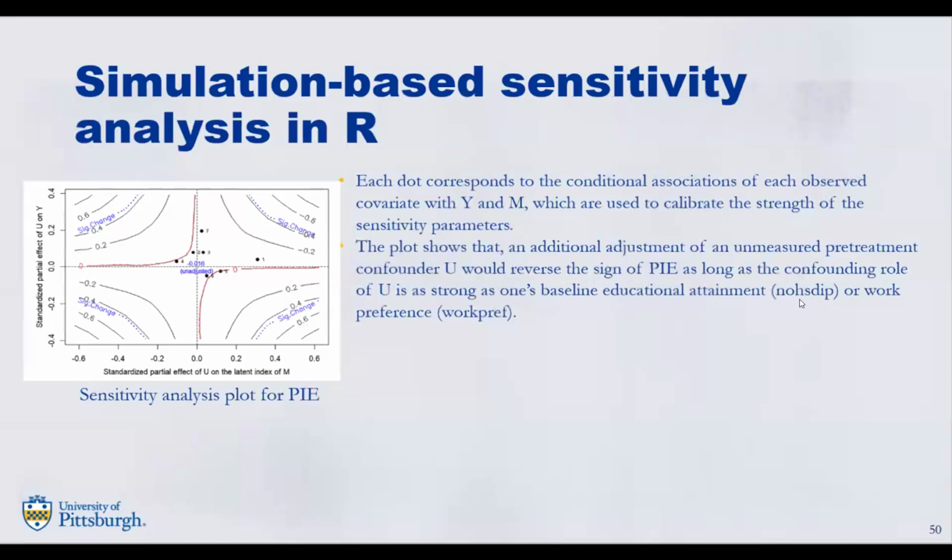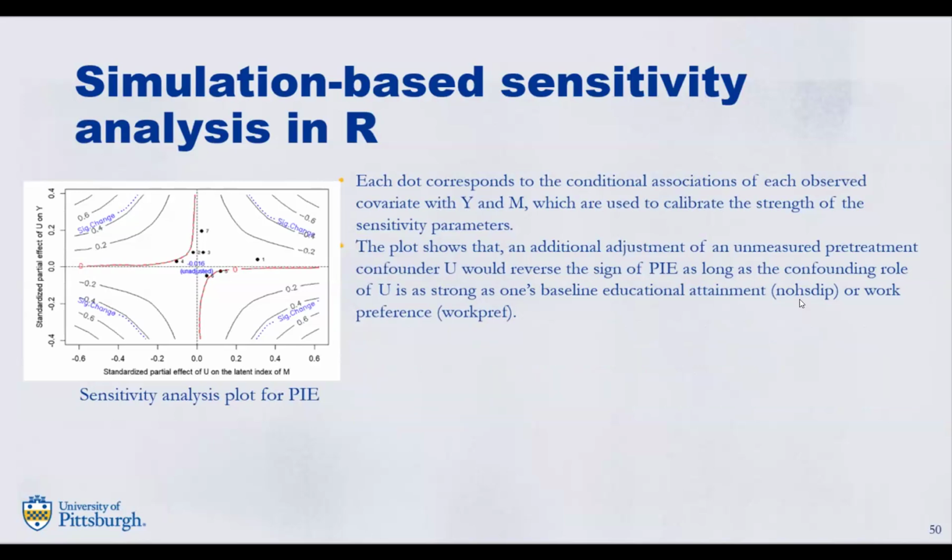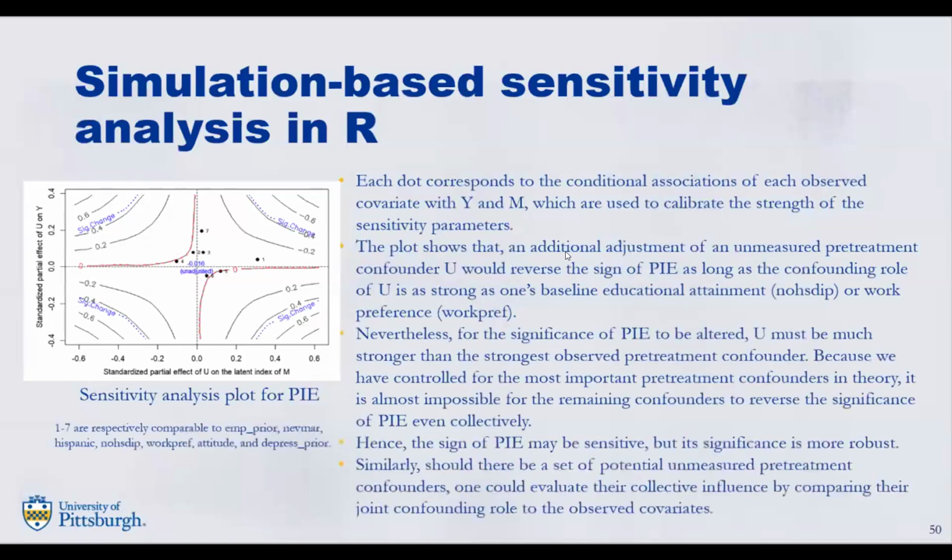And the plot shows that an additional adjustment of an unmeasured pre-treatment confounder U would reverse the sign of the pure indirect effect as long as the confounding role of U is as strong as one's baseline educational attainment or work preference. So here, I didn't show it out.